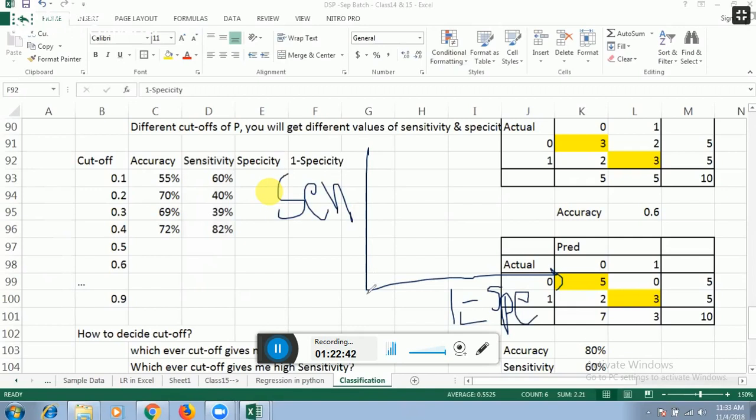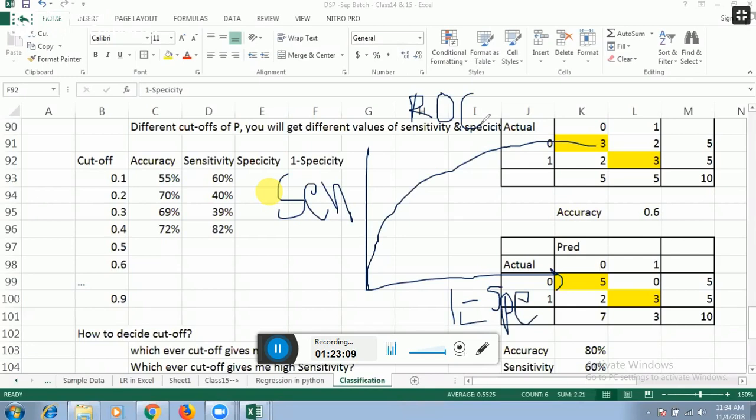If I draw a line for different cutoffs, my line will be something like this. So what is this line? This is what we call a ROC curve. The ROC curve is a graph between 1 minus specificity and sensitivity.